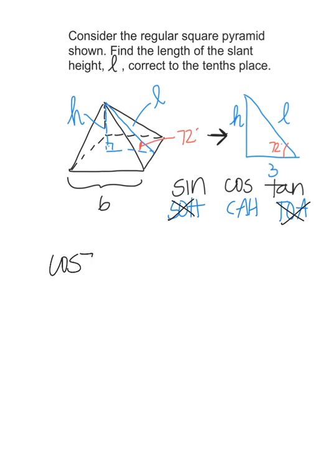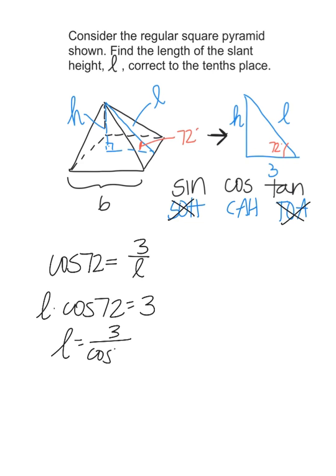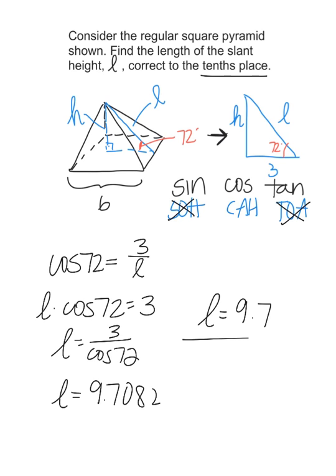So the cosine of 72 is equal to the adjacent, so 3 over L. So we multiply both sides by L, and then I divide by the cosine of 72. And when I plug that into my calculator, I get L is equal to 9.7082, and I want it to the 10th place, so that means that my slant height is 9.7.